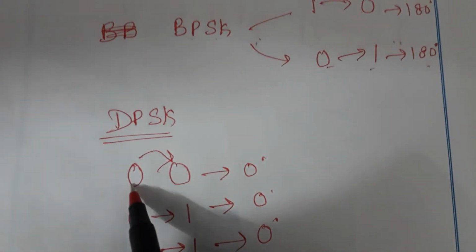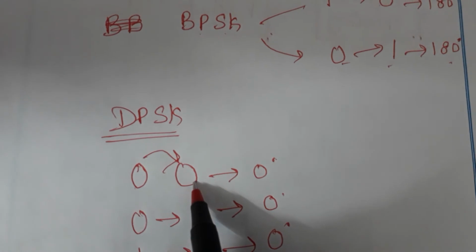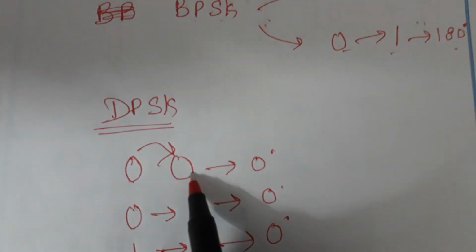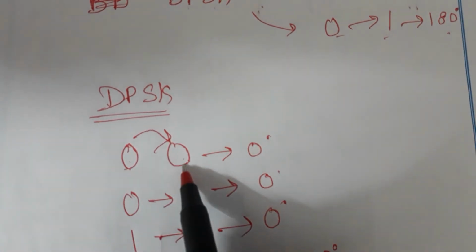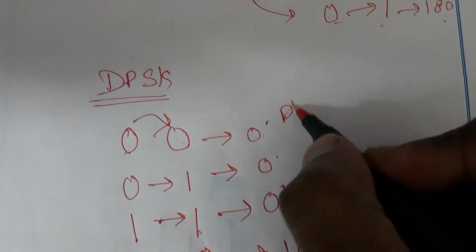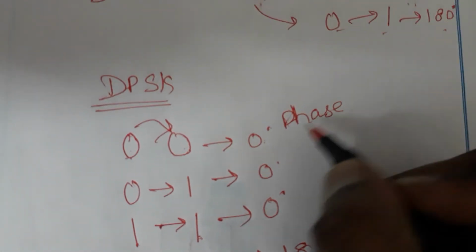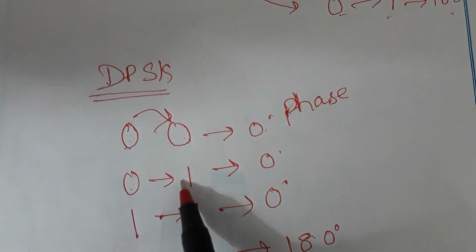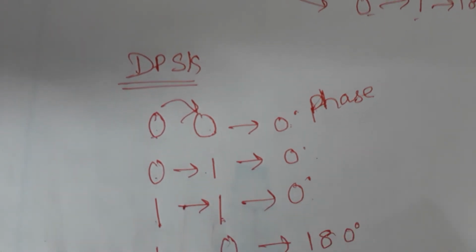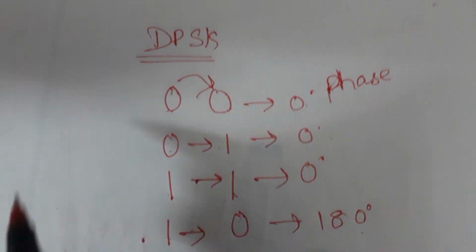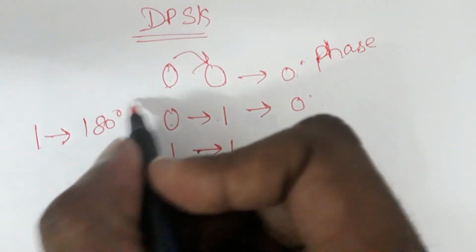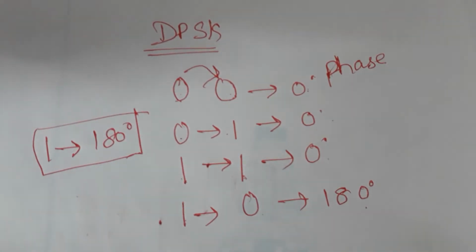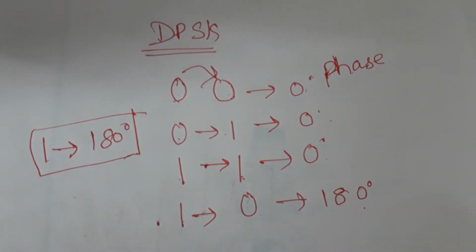I'll repeat, please observe: this is the present and the previous data, or the present and the next data. So 0 0, no phase shift; 0 to 1, no phase; 1 to 1, no phase; 1 to 0, phase shift. In simple language, when the data is 1, the phase shift is 180 degrees.